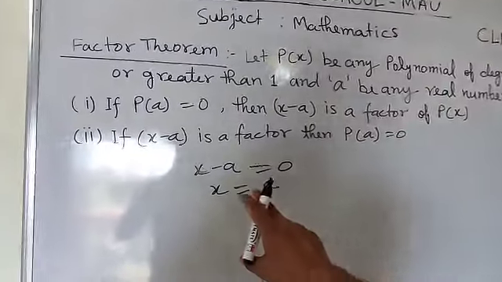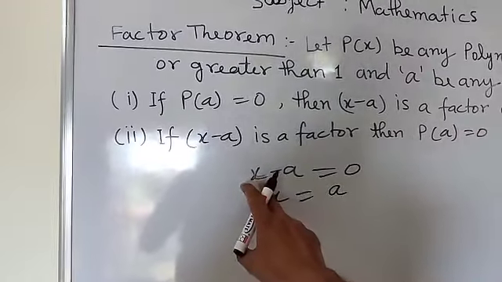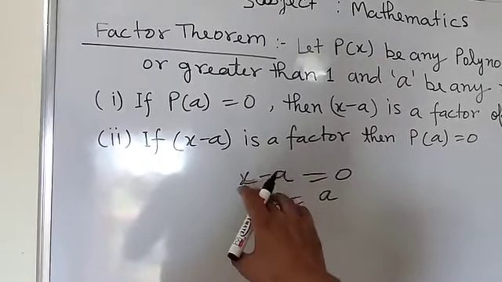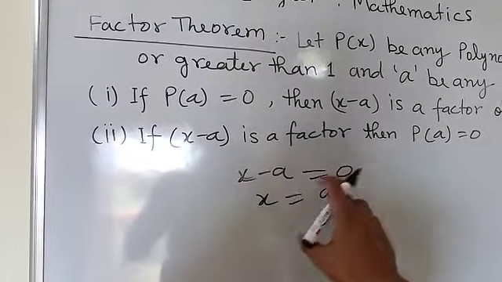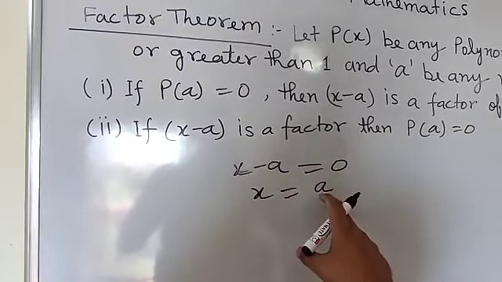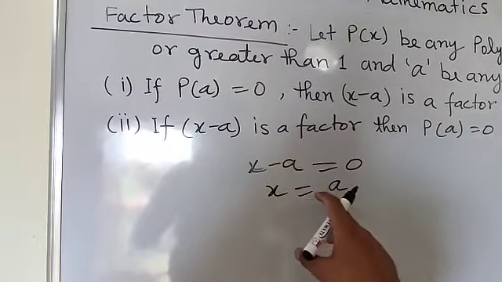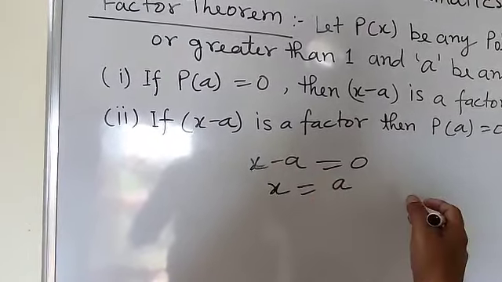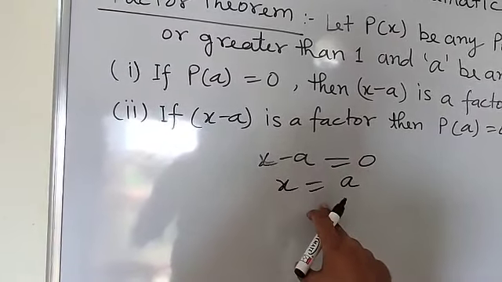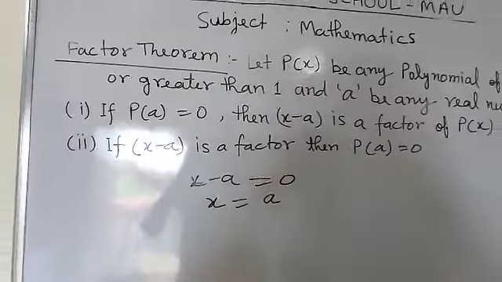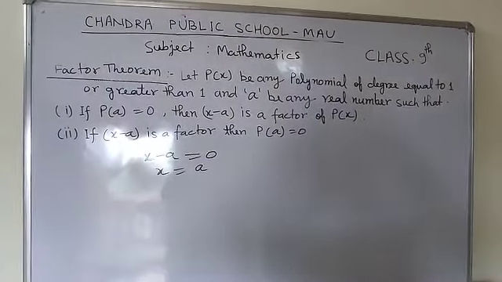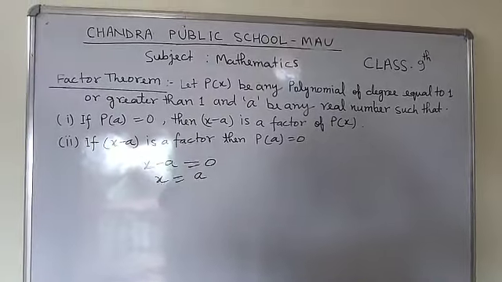In the same way, in a polynomial, if I ask what the remainder will be when the given polynomial is divided by x minus a, you put x minus a equal to 0, then x equals a, replace the x value in the given polynomial by a and calculate it, and that will be the remainder. And if the remainder is equal to 0, then you can say that x minus a is a factor of the given polynomial. So that is the factor theorem. That will become clearer in the questions which I am going to explain in exercise 2.4.